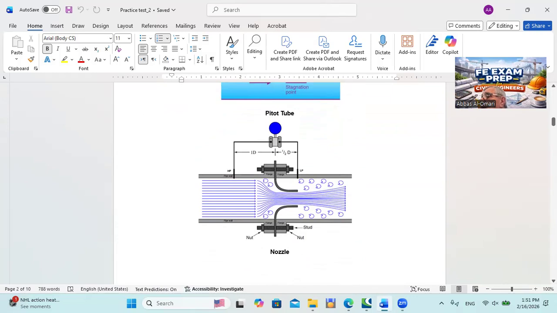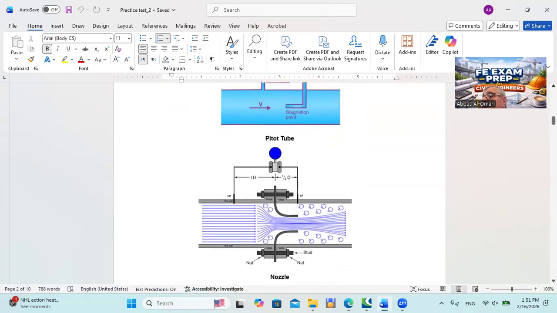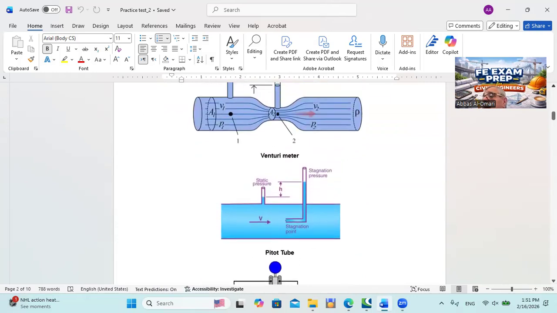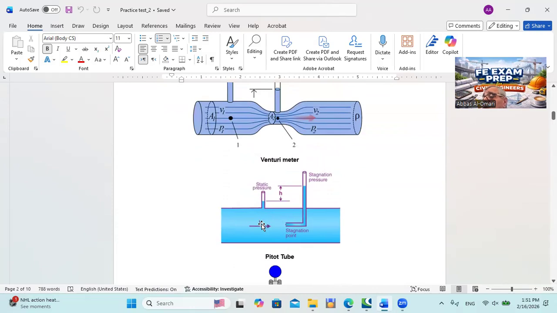Now, the only device that converts pressure energy into static pressure is the pitot tube. The principle of the pitot tube is that there is a stagnation point at the entrance to the tube, which, because the flow is stagnant, makes the pressure go up, the hydrostatic pressure goes up.